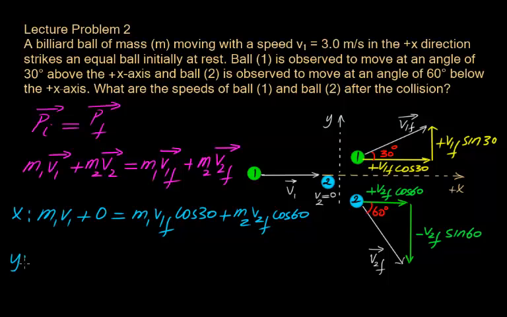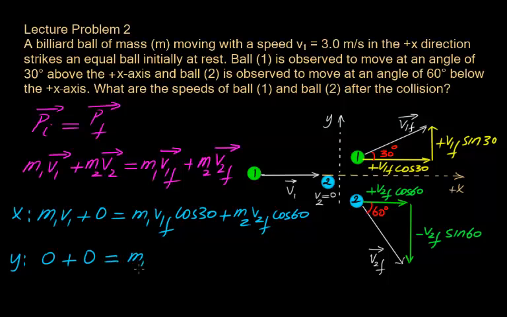The y component has 0 m1 v1 component because the v1 is lined up along the x. The m2 v2 is also 0 for a completely different reason. Ball number 2 is at rest.